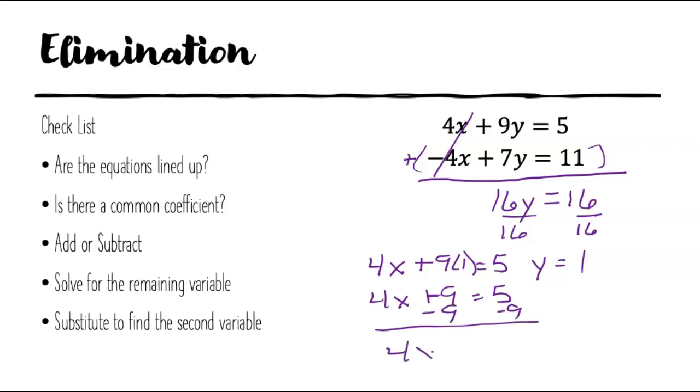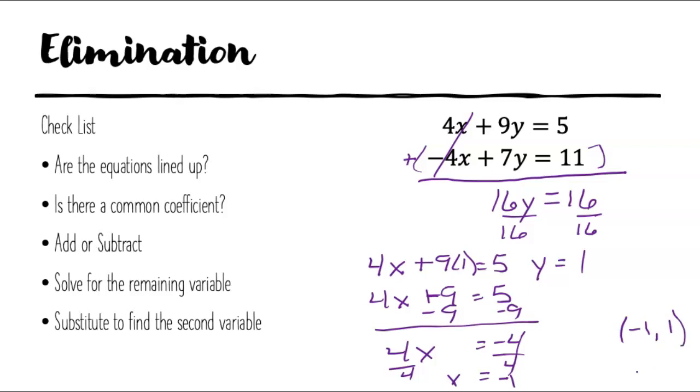Now I have 4x equals negative 4. Divide both sides by 4. x is going to equal negative 1. So my solution, remember, solutions are always coordinates. They're always a location in which these two equations overlap each other. They intersect. This solution makes both of them true. Remember, x before y, so negative 1, 1.